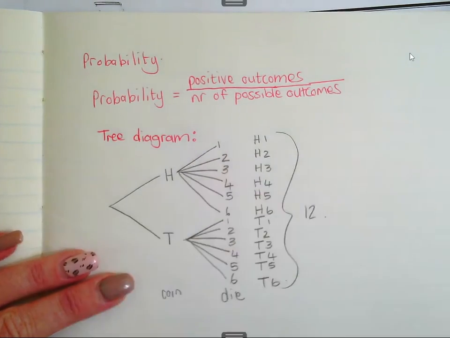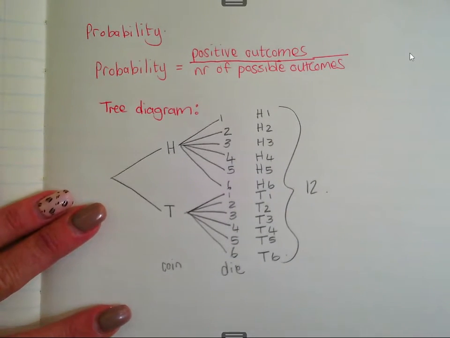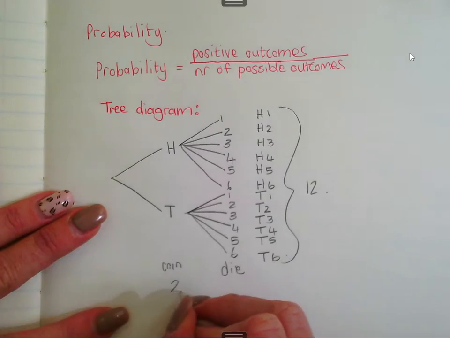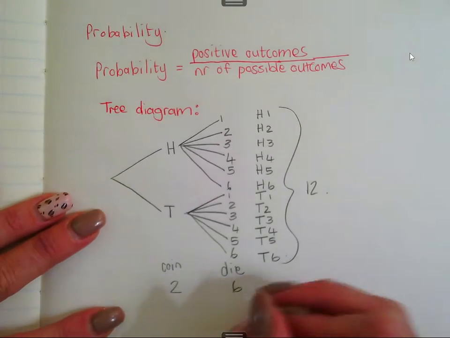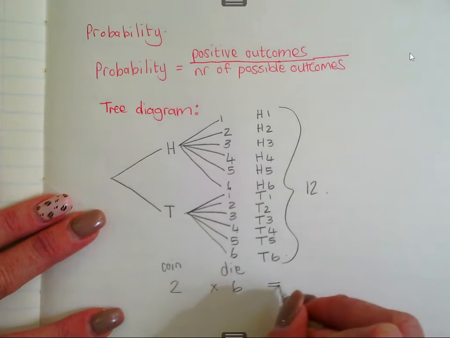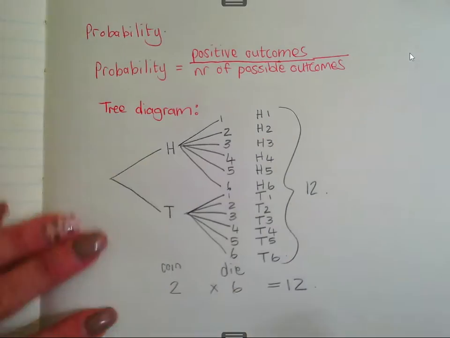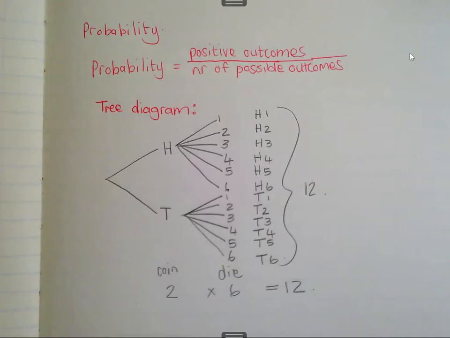Now, if we wanted to calculate that without having to draw the tree diagram, we take the number of outcomes we get from the coin, we take the number of outcomes we get from the die, and we multiply them with each other, and then I get the total number of outcomes. 2 times 6 gives me the total outcome of 12.